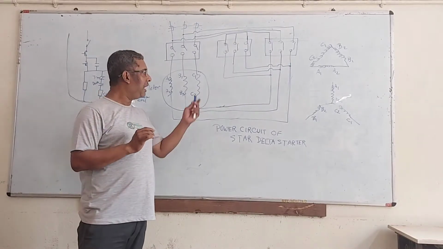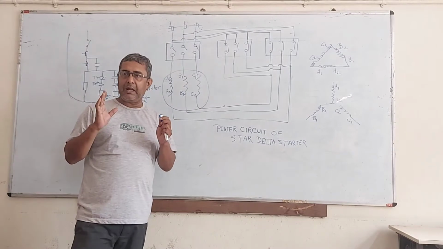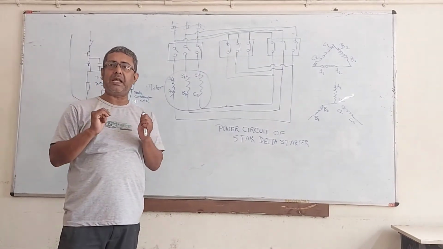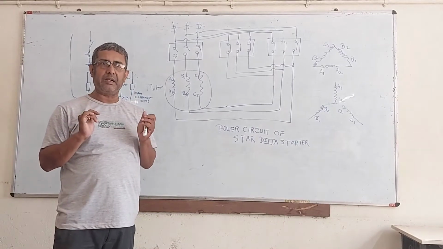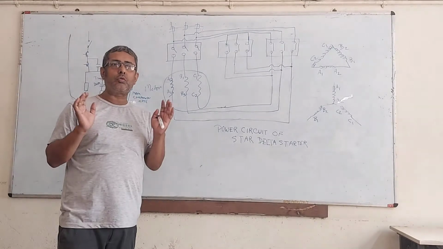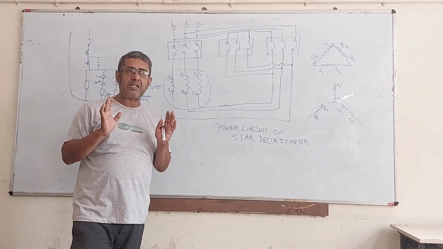Here also, when a motor starts, an extra effort is required. So a motor during its starting draws high current. So a starter is used to restrict this high current when a motor starts.